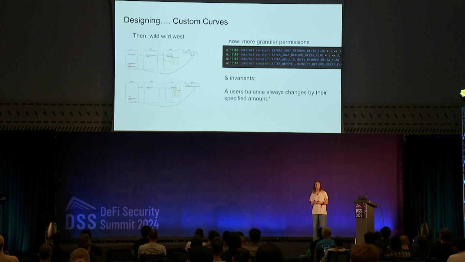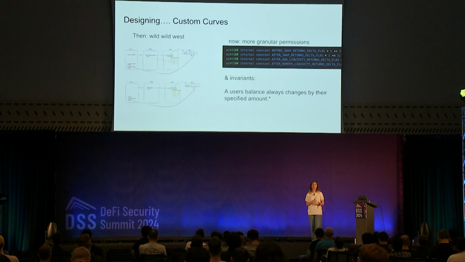What that means is you could do things like: a user has asked to swap 100 USDC. A hook, in theory, could say, okay, I'm going to give the user 100 DAI, but I'm also going to give the user, I don't know, 0.2 ETH as a reward. So you could have these really interesting features. This is like a try pool. You could natively have a try pool.